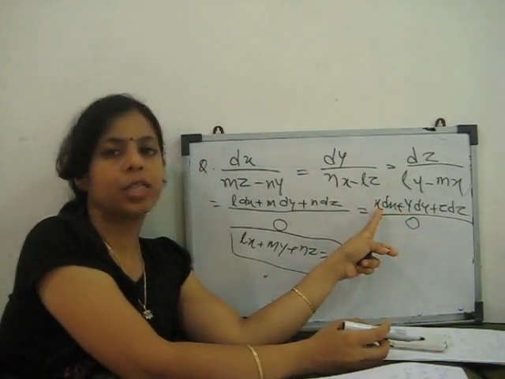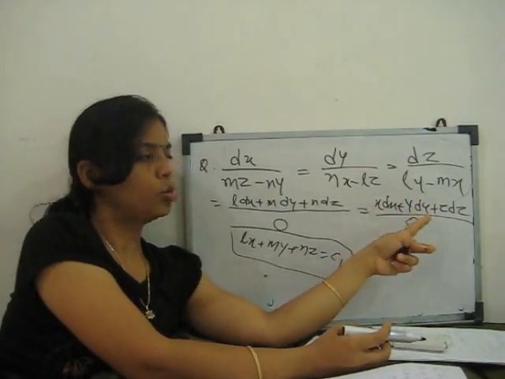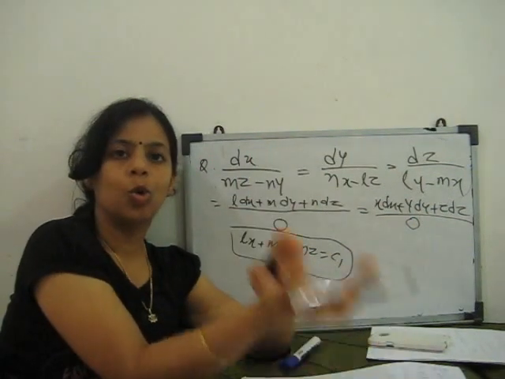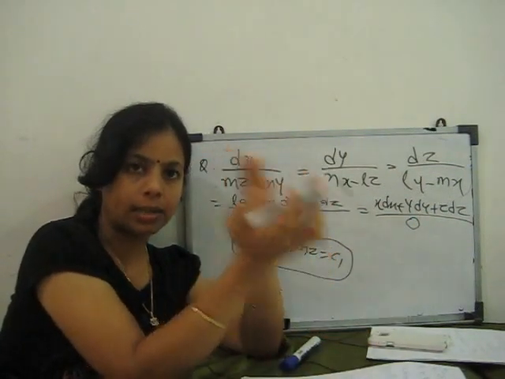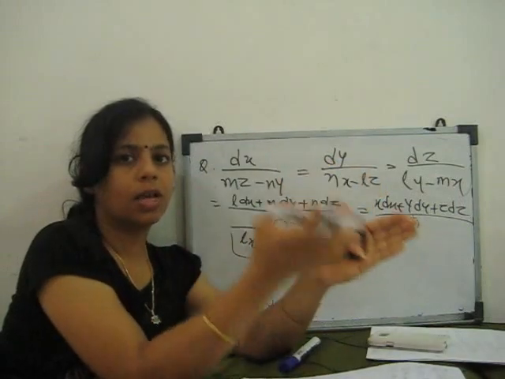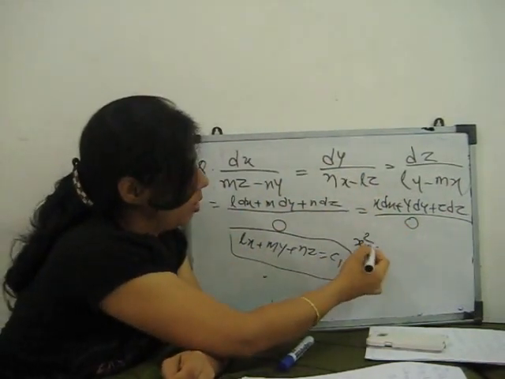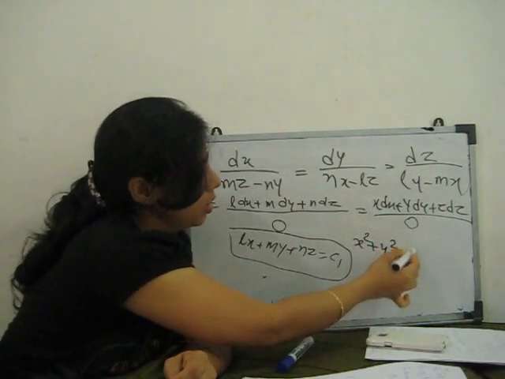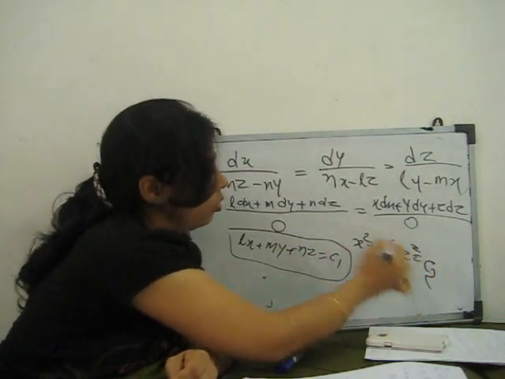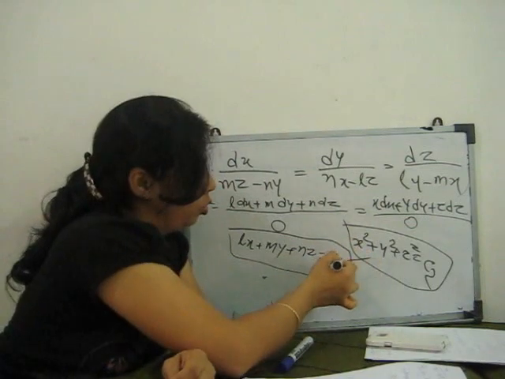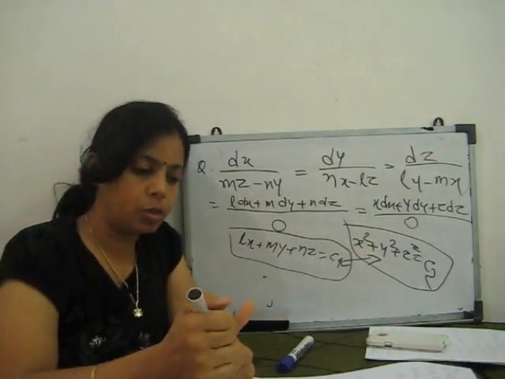This gives x square by 2, y square by 2, z square by 2 equal to a new constant, C2. So x square plus y square plus z square equals C2. These two constants give our complete solution.